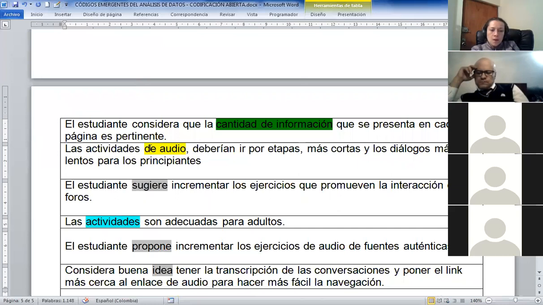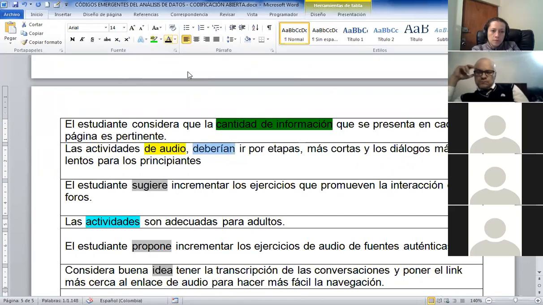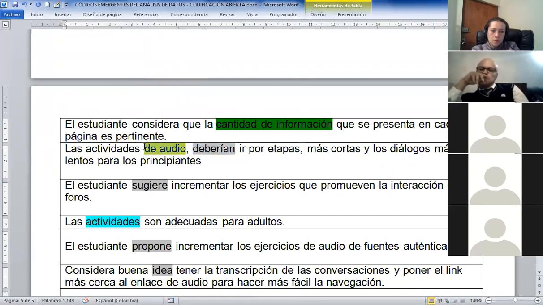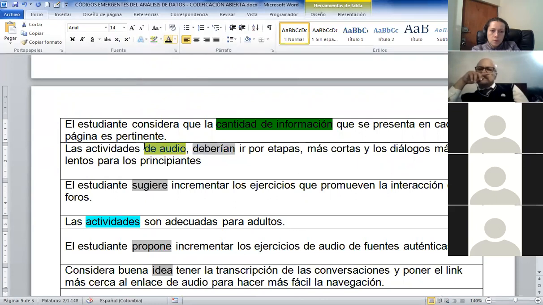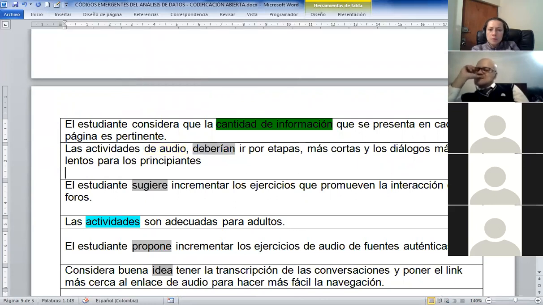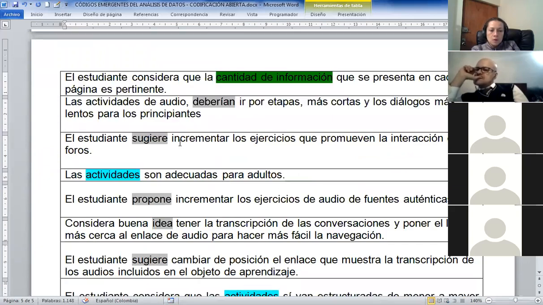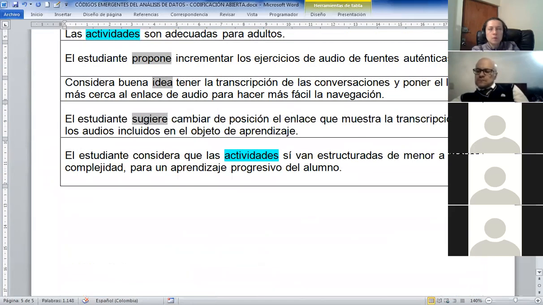It says, las actividades de audio deberían ir por etapas. And this is actually a suggestion. Deberían ir por etapas más cortas y los diálogos más lentos para los principiantes. Okay, suggestions, activities, proposals, ideas, suggestions, activities, and nothing about this. I mean, there is no opinion about videos.